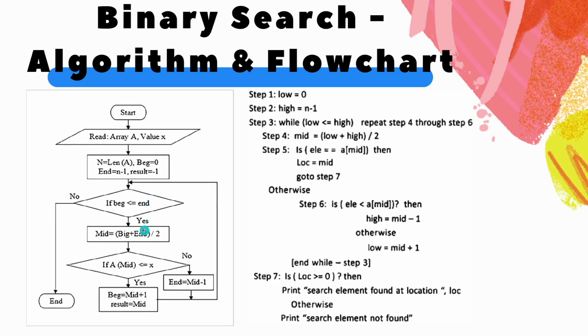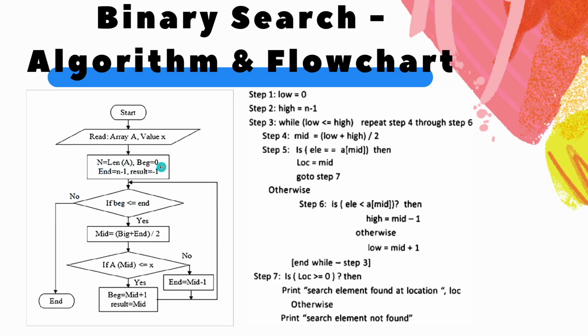These are the steps which are part of a binary search, which I have shown in the form of a flowchart as well as an algorithm. Initially we read the array and the value to be searched in that array, and now we compute the length of the array, which is preserved in the variable n.